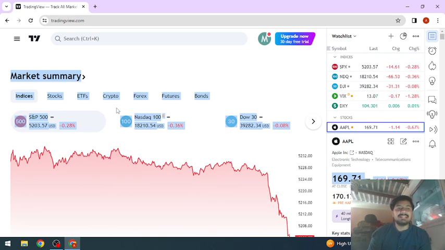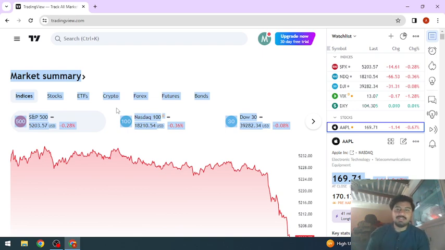So you can see I opened a website which is named tradingview.com. TradingView is basically a live stock application where you can see all types of stocks with analytics and live options, where you can sell and buy, and see all the circumstances about the markets related to stocks, ETFs, crypto, forex trading, futures trading, bonds.